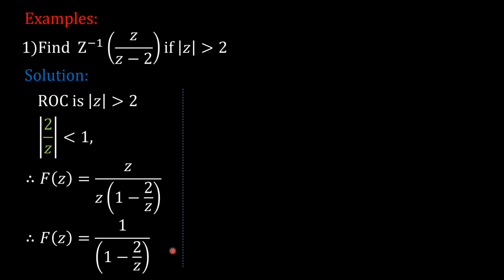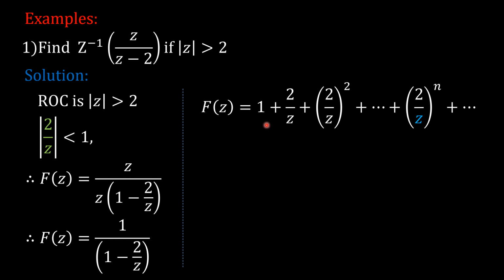Now in the theory part, whatever formula we have discussed for 1 upon 1 minus r or the binomial expansion of 1 upon 1 minus r, use that and we will be getting expansion for f of z as 1 plus 2 upon z plus (2 upon z) square plus so on, 2 upon z raised to n plus so on.